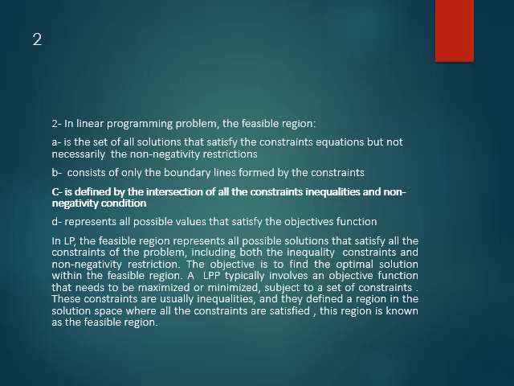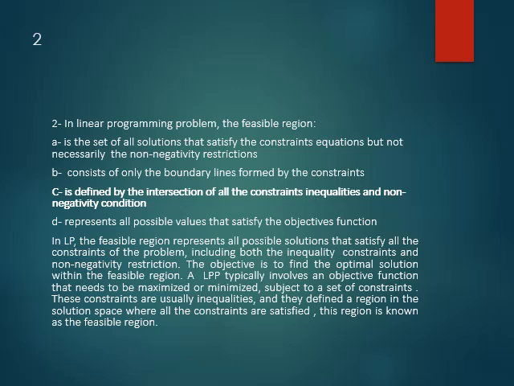A linear programming problem typically involves an objective function that needs to be maximized or minimized subject to a set of constraints. These constraints are usually inequalities, and they define a region in the solution space where all the constraints are satisfied.